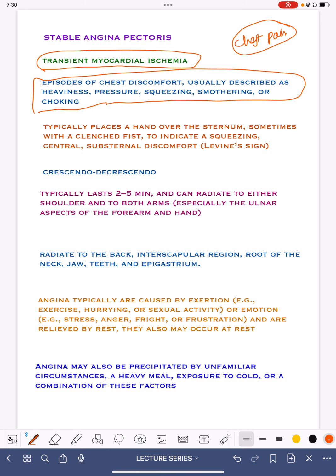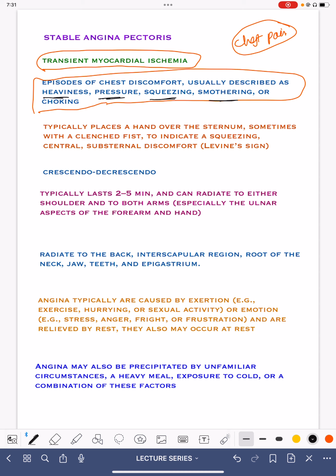Now, how do we define angina pectoris? These are episodes of chest discomfort, which is usually described as heaviness or pressure. The patient may say that there is significant pressure on the chest, or that there is a large stone placed on the chest, or a very much heaviness on the chest, or that their chest is getting squeezed by the pressure.